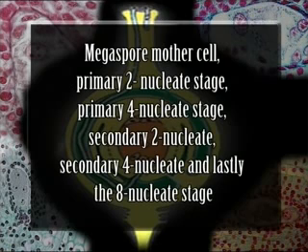In the former case, the secondary 4 nucleate stage is preceded by a secondary 2 nucleate one, and the subsequent sequence then is as follows: megaspore mother cell, primary 2 nucleate stage, primary 4 nucleate stage, secondary 2 nucleate stage, secondary 4 nucleate and lastly the 8 nucleate stage.